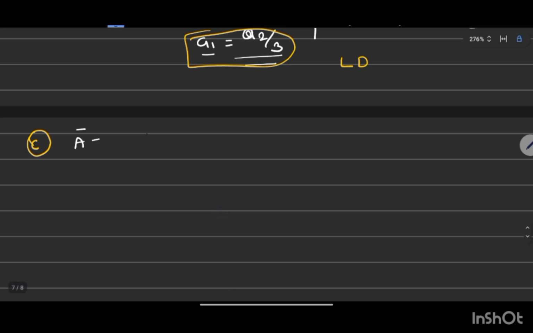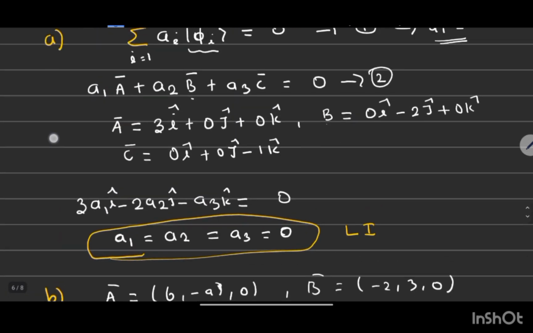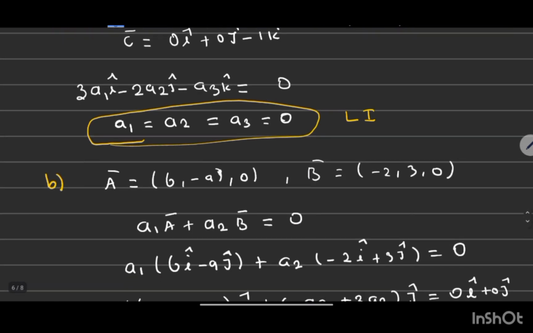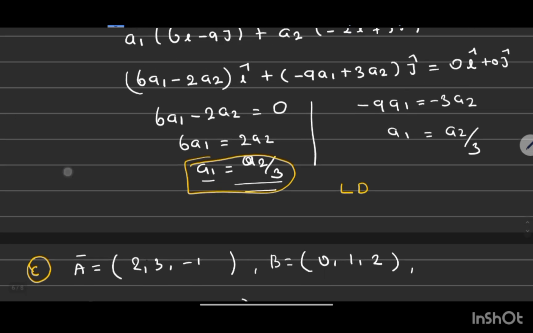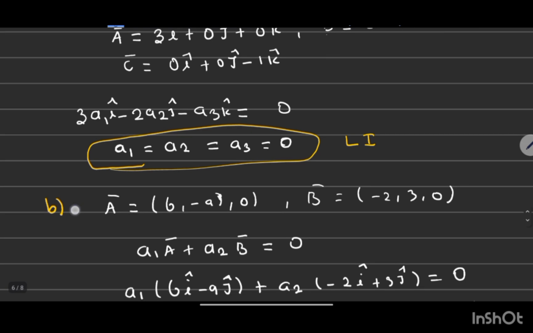Here we have a vector, b vector and c vector: a is 2, 3, minus 1; b is 0, 1, 2; and c is 0, 0, minus 5.